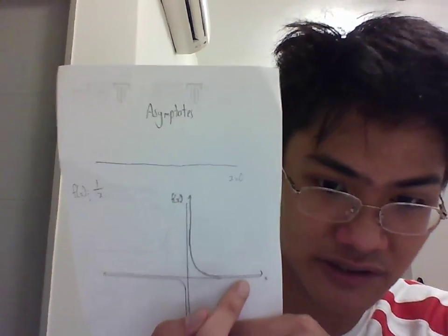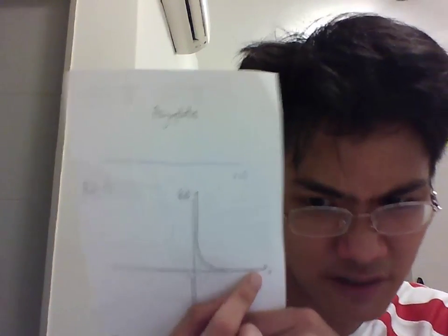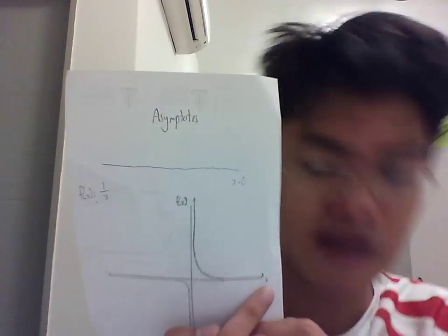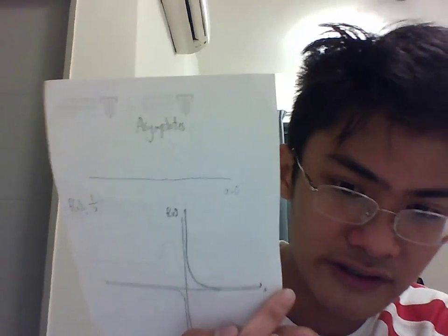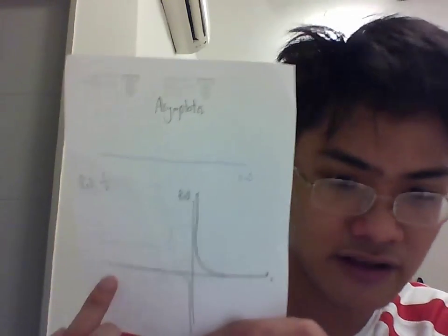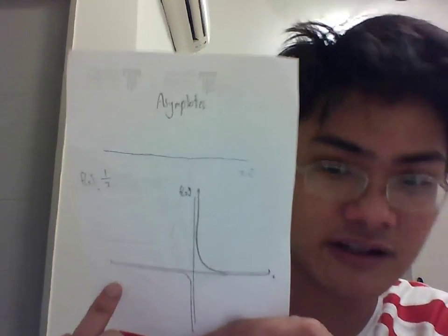The distance between the line and the curve approaches 0 means they're very, very close together as they tend to infinity. So when they go to infinity, your x value is going to be very, very big positive infinity, and your negative x value is going to be negative infinity, okay?